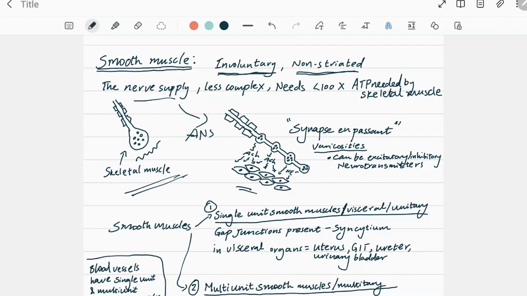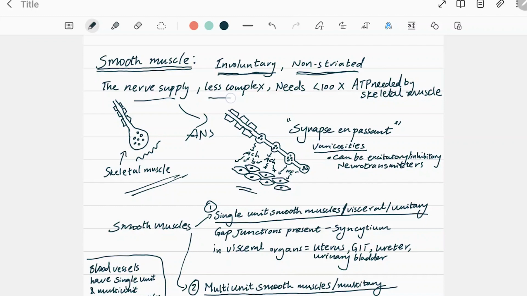It's like those flower sprays, where you spray water and it spreads the water from the hose pipe. This is something like that. So it sprays the neurotransmitter on the smooth muscle. They can be filled with neurotransmitters which are excitatory or inhibitory in nature. You can see over here I've drawn acetylcholine as a neurotransmitter, or norepinephrine as an example.